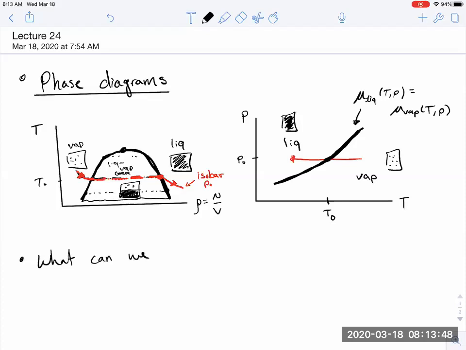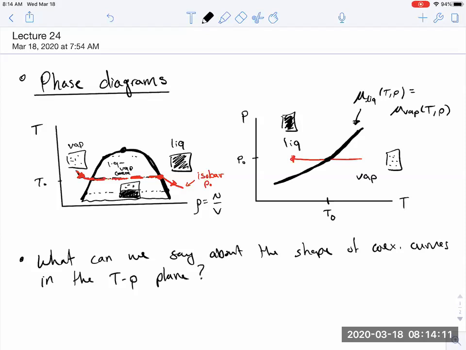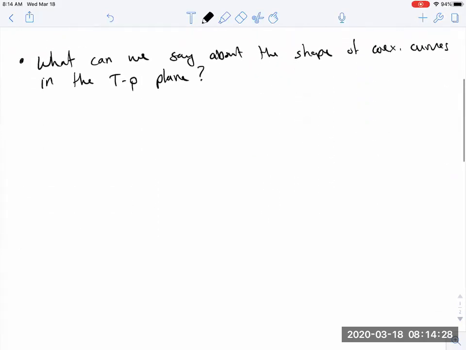What can we say about the shape of coexistence curves in the temperature and pressure plane? Now there's some expectation that there will be some simplicity associated with that question, precisely because temperature and pressure play such specific thermodynamic roles. So let's try to ask this in general.